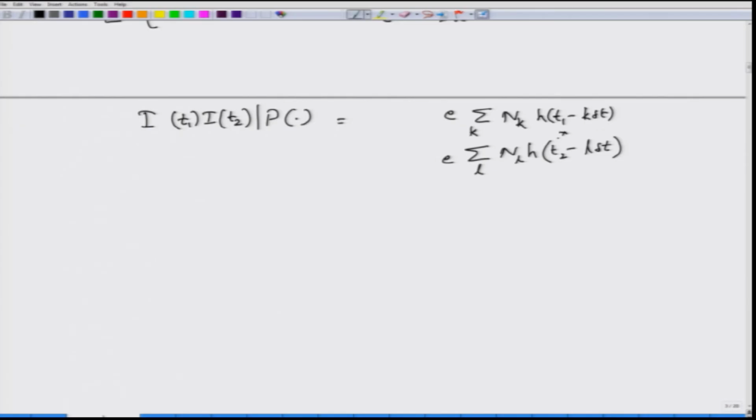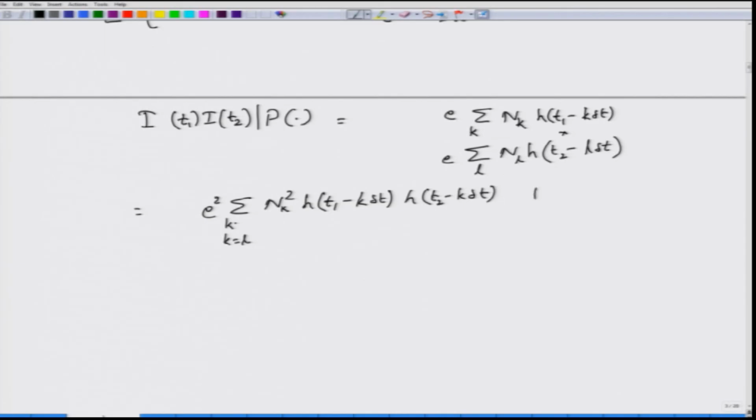This double summation can be written in 2 terms, one when k is equal to L and the other when k is not equal to L. When k is equal to L, you have E, summation over k, n k square, because k is equal to L, h of t1 minus k delta t, h of t2 minus k delta t.